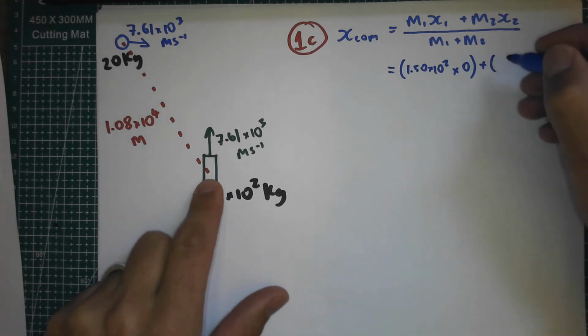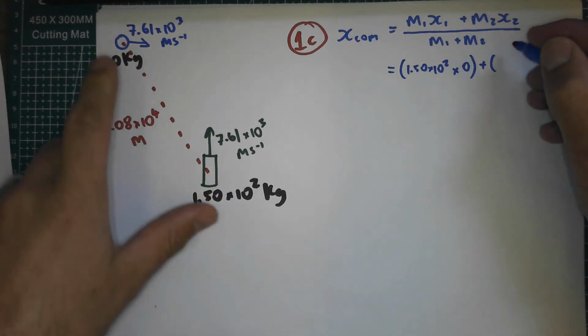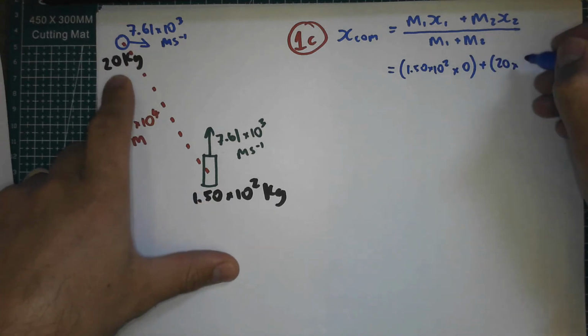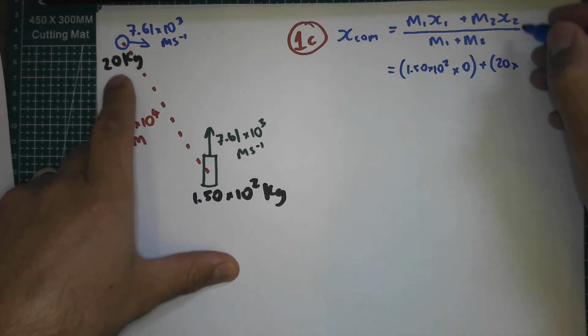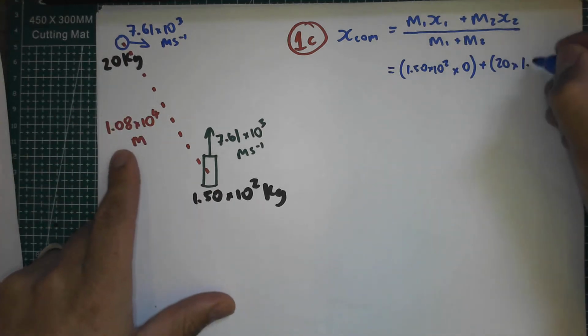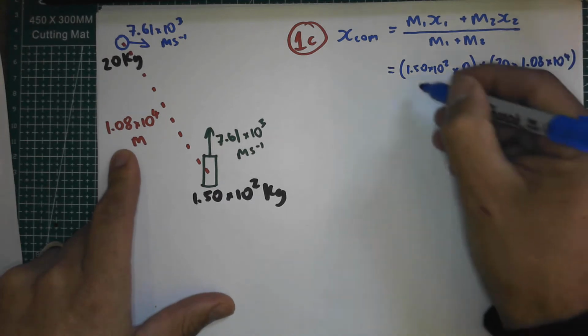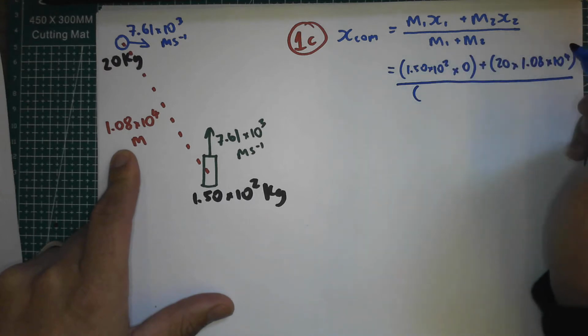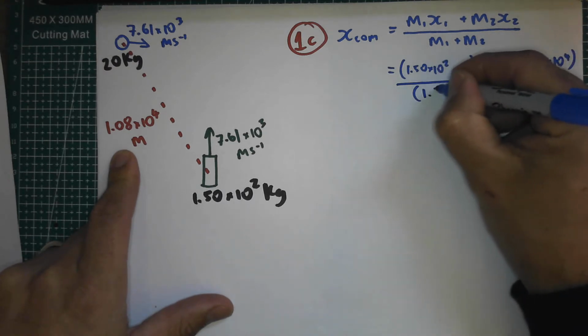The satellite is 0 metres from the satellite. Then up here we've got the mass of the debris and its position. Well, it's the full distance, so it's 10 to the 4. Cool. And then we're going to divide that by the total mass of the system.